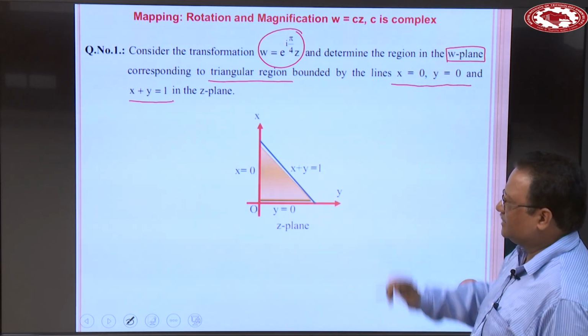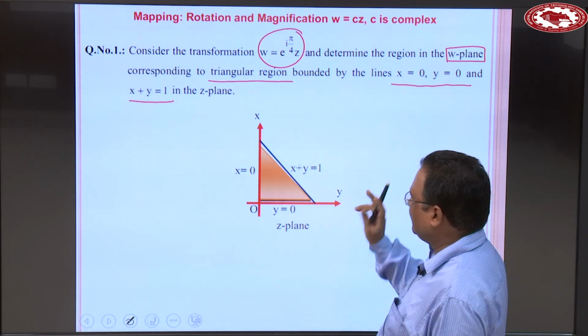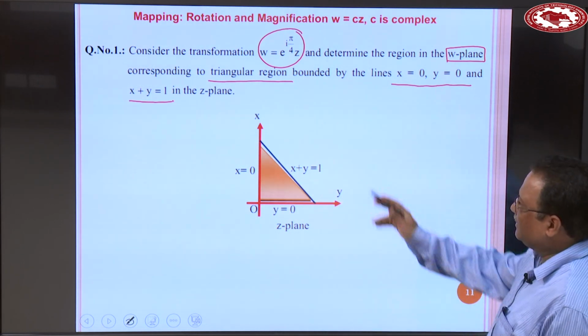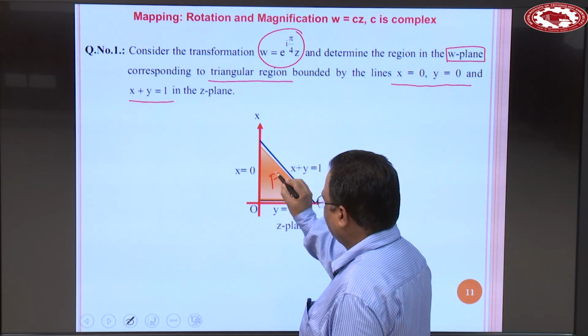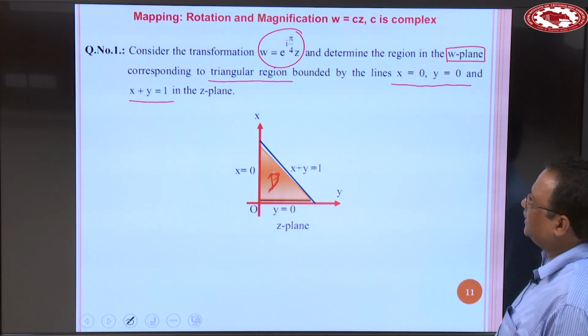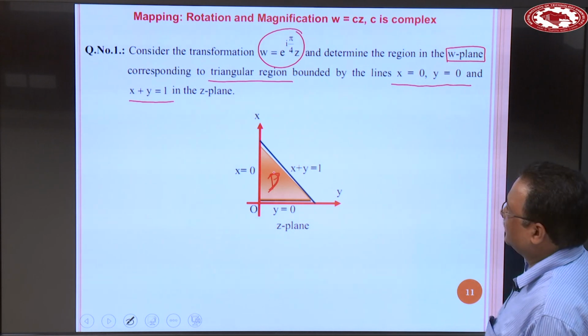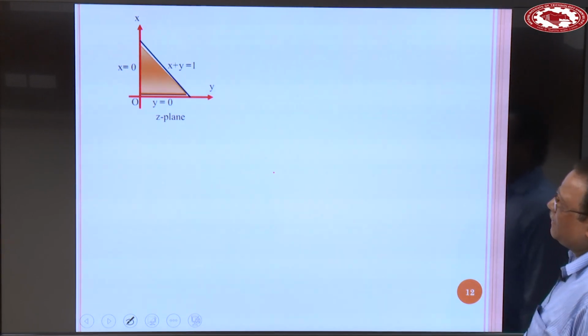Clear? The figure is this, the same figure: x is 0, y is 0, x plus y is equal to 1. So we have been given this region R, this domain, bounded by these three lines, and that one is a triangular region. Now use this transformation w is equal to e raised power iota pi by 4.